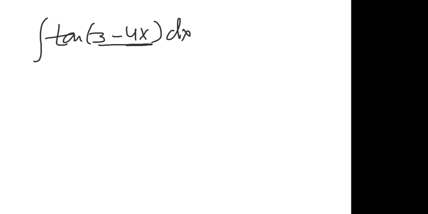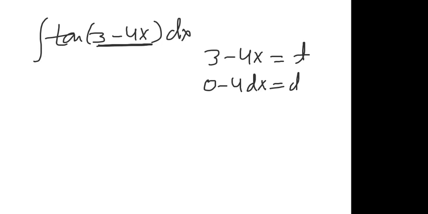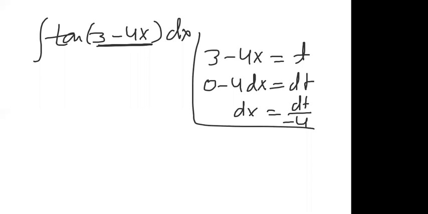So we are supposing it as t. So 3 minus 4x can be supposed as t. Now 3 will become 0, minus 4 dx can be written as dt. So the value of dx will be dt upon minus 4. So with this, we are going to solve it.